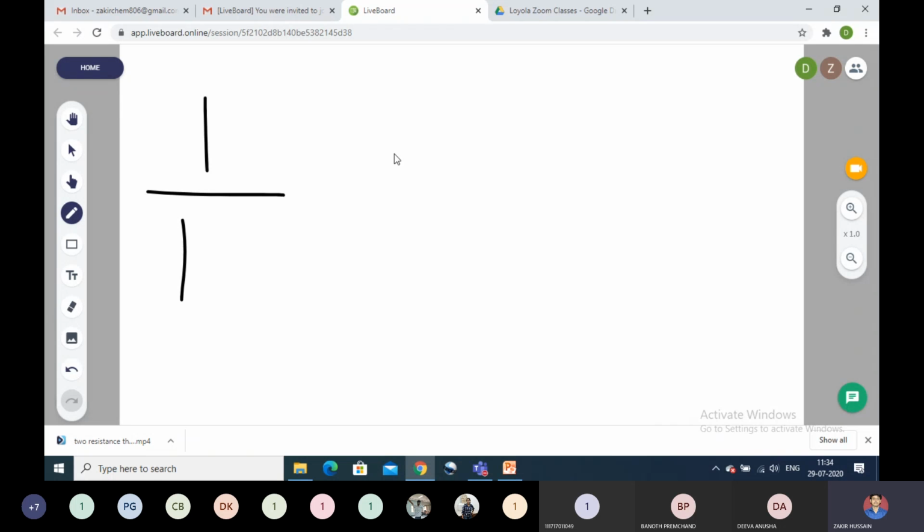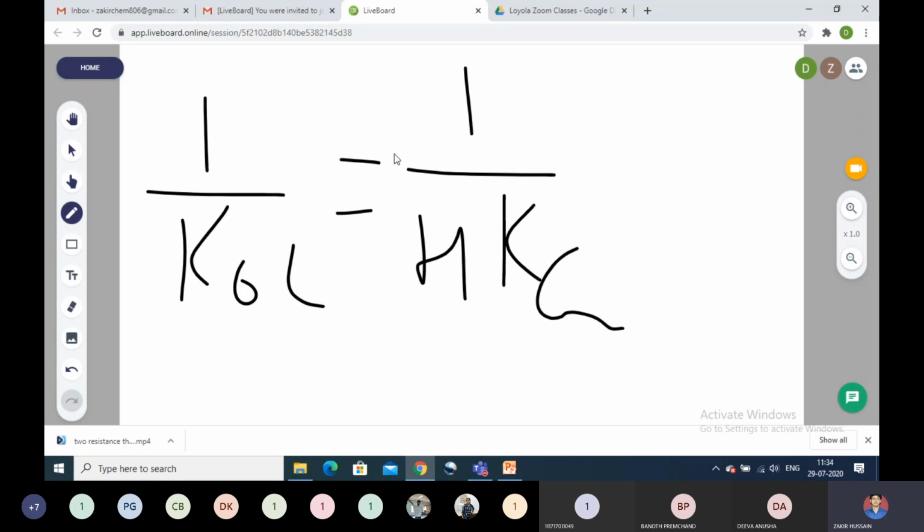So 1 by KOL is equal to 1 by HKG plus 1 by KL.